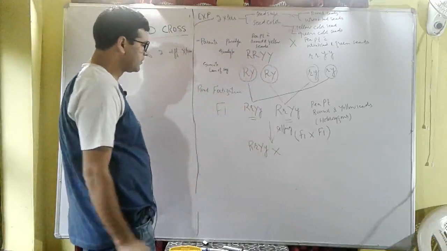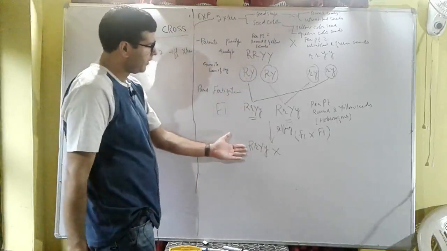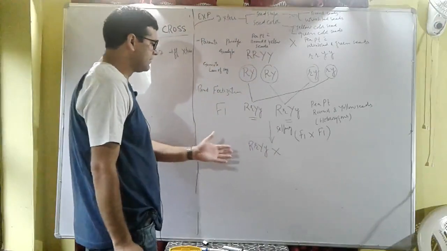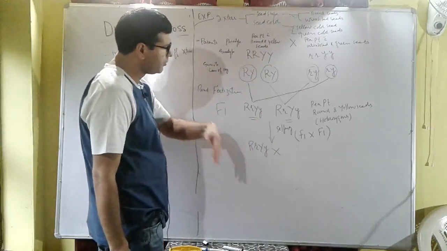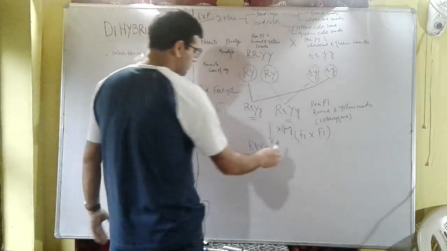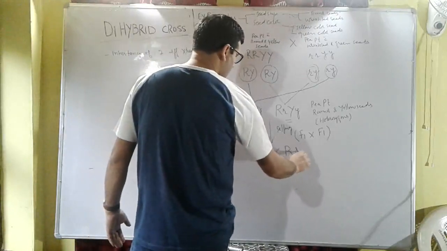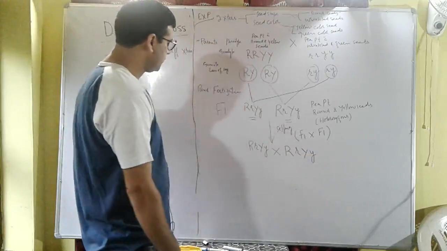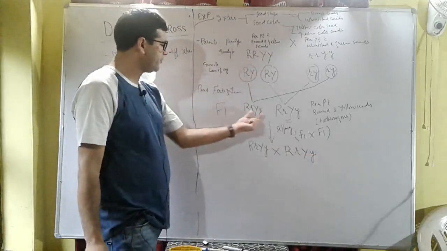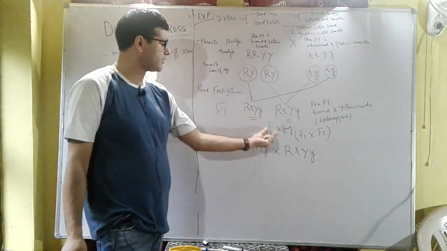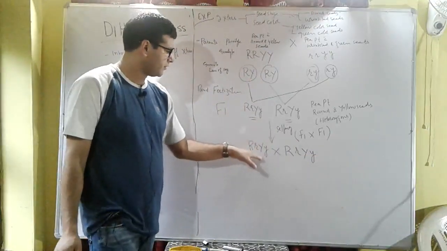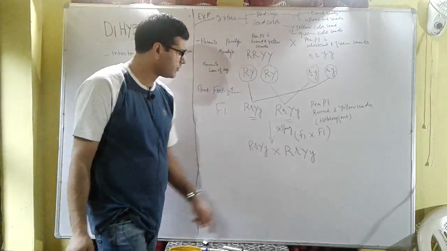First, the F1 individuals will be selfed, that is, crossed with each other. It is a sort of inbreeding.